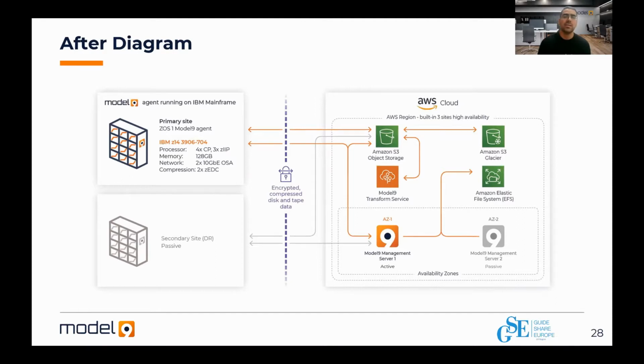In this case, using encryption and compression on the mainframe side, data was backed up into Amazon S3. Using lifecycle policies, it even moves that data into colder AWS storage called S3 Glacier. And the cost of this storage is dramatically less than any other storage, both on cloud and on-prem.